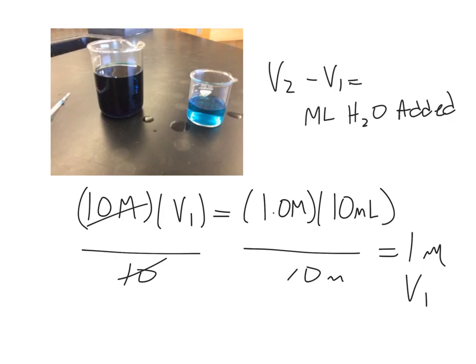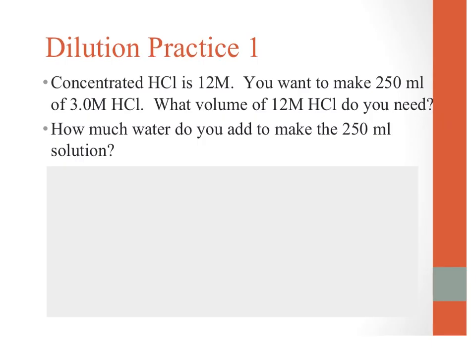So here's a practice problem involving M1V1 equals M2V2. Let's take a look at what we've got. We've got a 12 molar concentrated HCl solution, and you want to make 250 milliliters of 3 molar HCl. What volume of the 12 molar do you need?